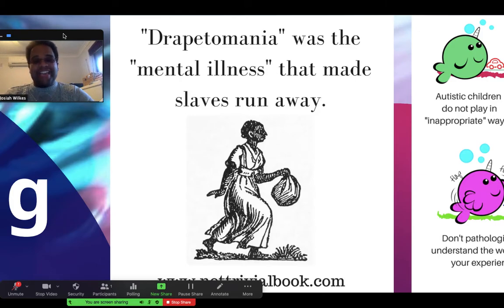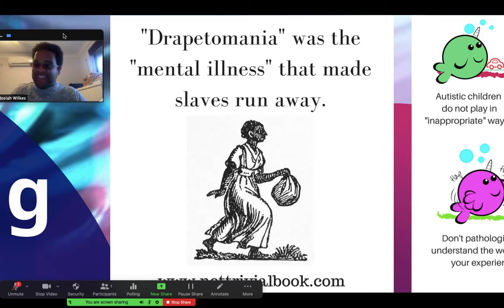So in the 1850s, there was this idea that African Americans were inferior and that it was their natural kind of plot in life to be a slave. And that African Americans wanted to be slaves because that was what they were good at, that's what their position was, that was their God-given designation in life.